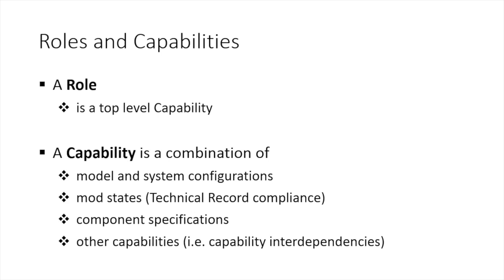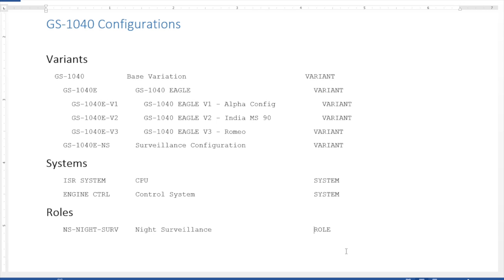So in Maximo, for specific part numbers, you can set up specific specifications, and we say that those are required in some cases for this capability statement to be met. And then finally, other capabilities. So one capability can require that the aircraft has these other capabilities. So there's an interdependency.